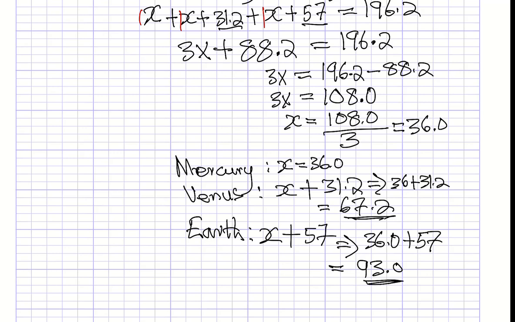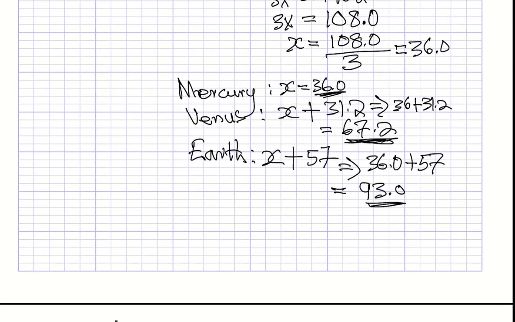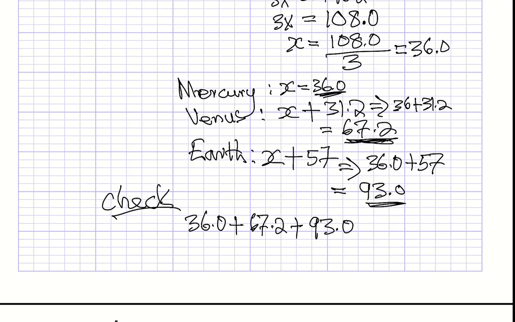The distance of Venus from the Sun is that. The distance of Mercury from the Sun is that. To check it, there might be other ways, but we say 36.0 plus 67.2 plus 93.0. What do they equal? You have to add all that.